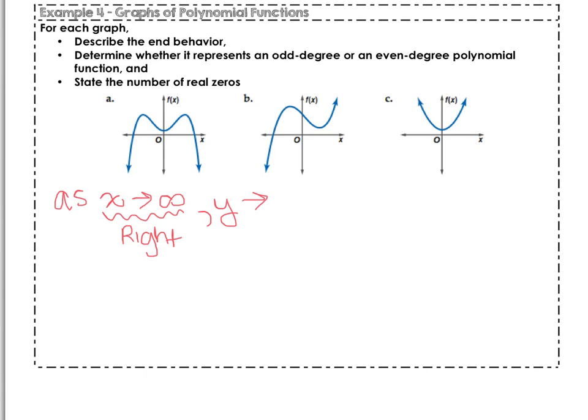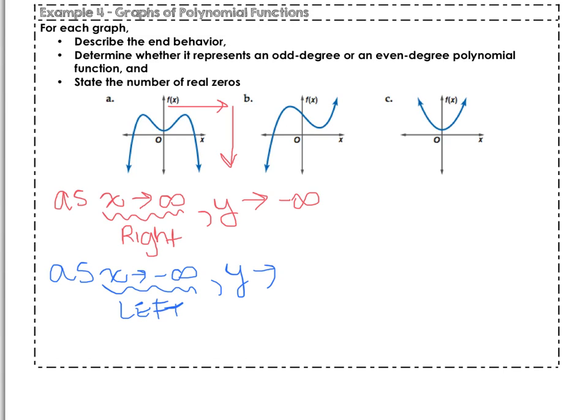So on A, as I'm going to the right, notice that I'm going down, where y is approaching negative infinity here, okay? The other part to my end behavior is saying, well, as x goes to negative infinity. This just means the left, okay? What does y do? Well, as I'm going to the left here, notice that I'm going down, which once again is where y is negative infinity, okay?